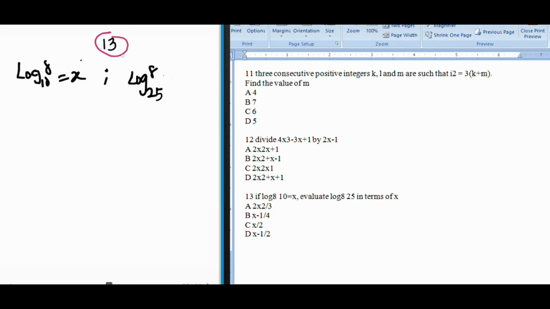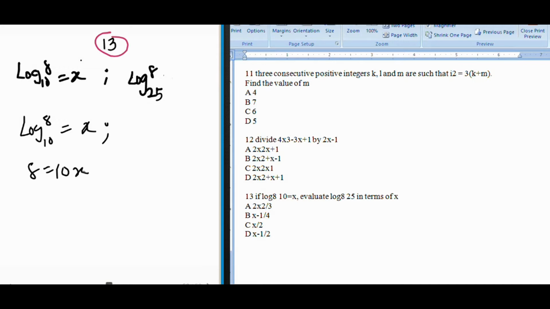Then we can go into the second statement. Anywhere we see 8, we substitute 10 raised to power x. Which means log 8 base 25 will be equal to log of 10 raised to power x, base 25.